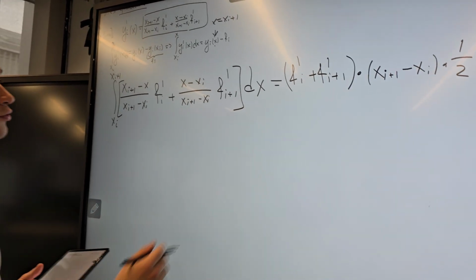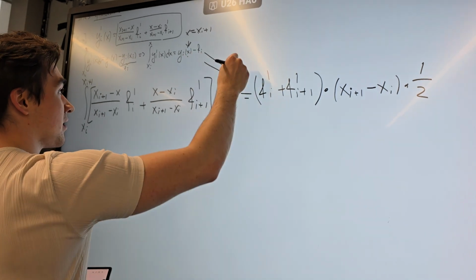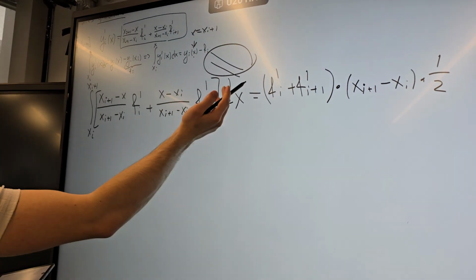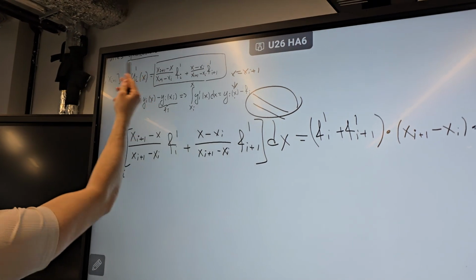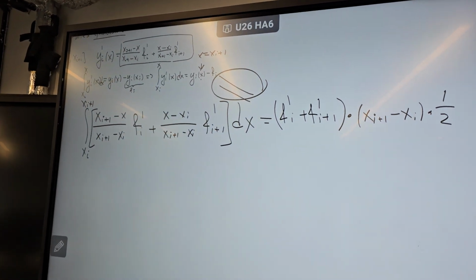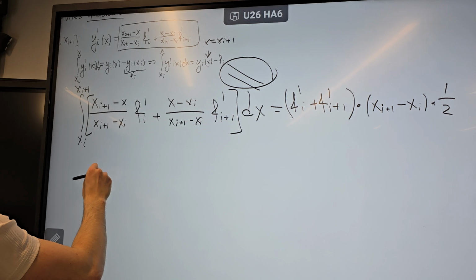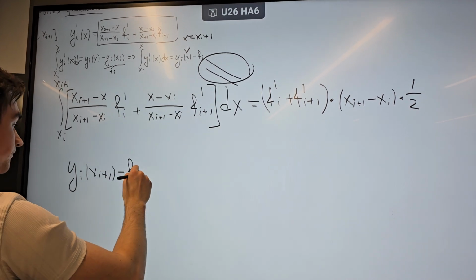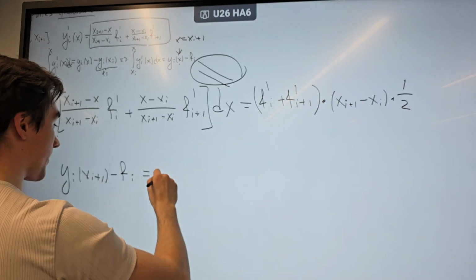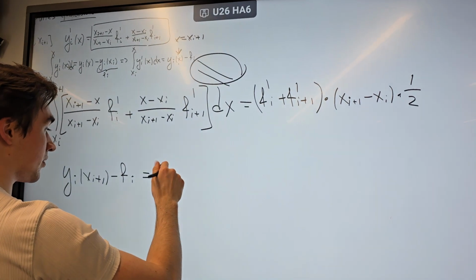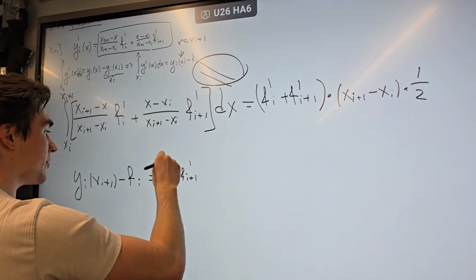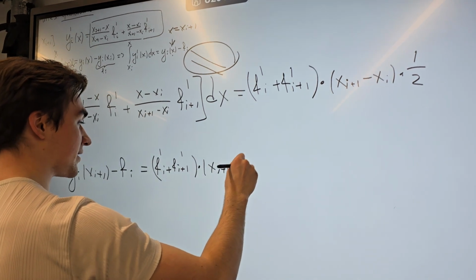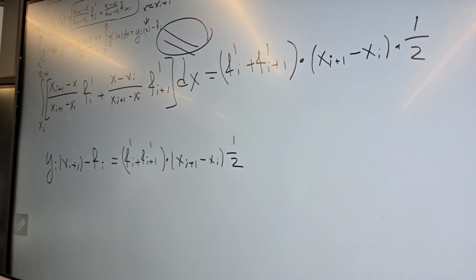And now what we are doing, we just equate these two parts, the left-hand side of our integral to the right-hand side, and what we get is y_i at point x_{i+1} minus f_i is equal to (f_i prime plus f_{i+1} prime) times (x_{i+1} minus x_i) times 1/2.